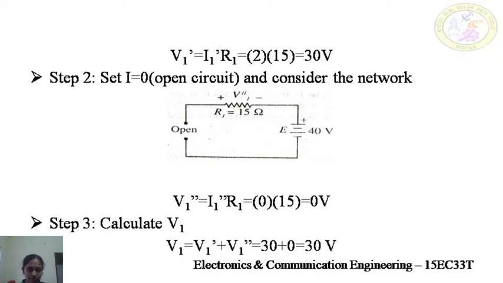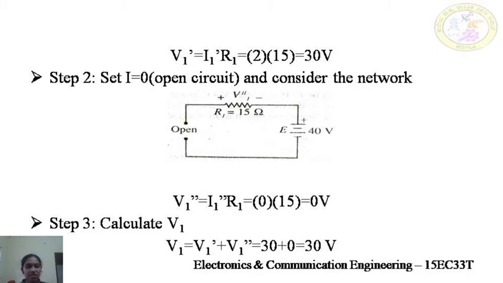In step 2, set I is equal to 0. The current source is set to 0 and consider the network. The voltage drop across 15 ohm resistor is calculated using Ohm's law, that is V1 double dash is equal to I1 double dash into R1.